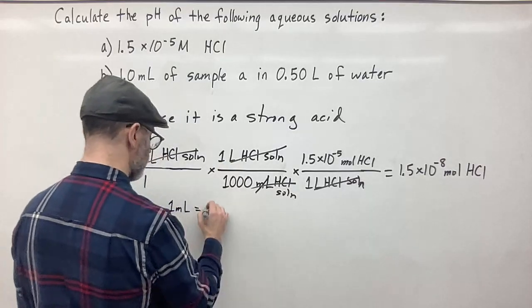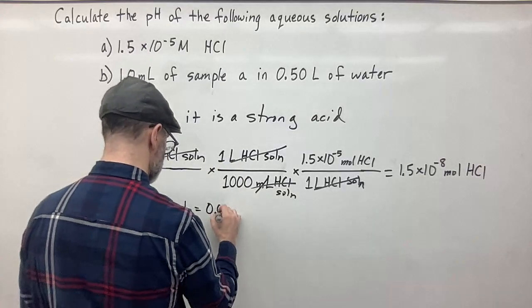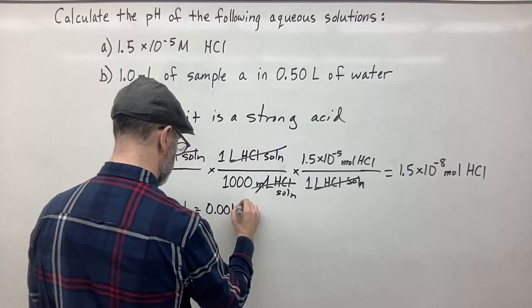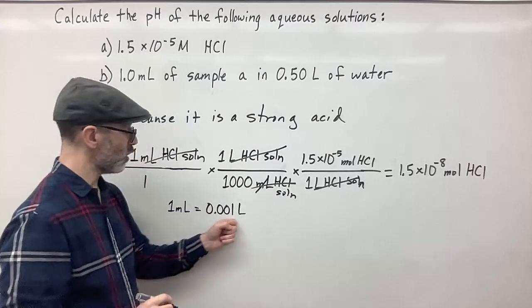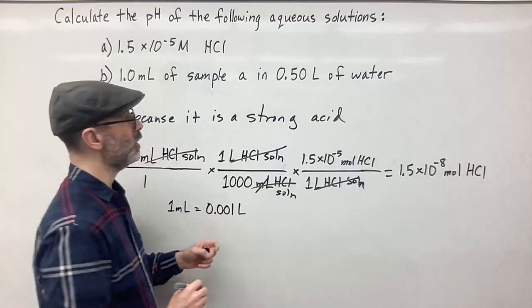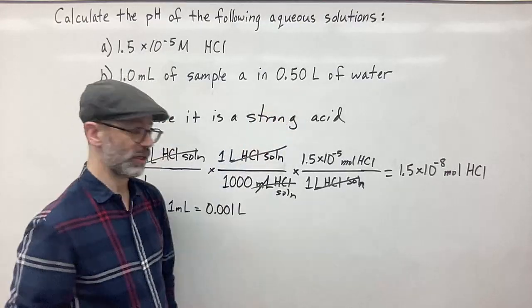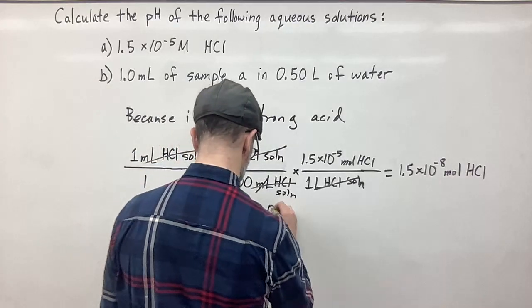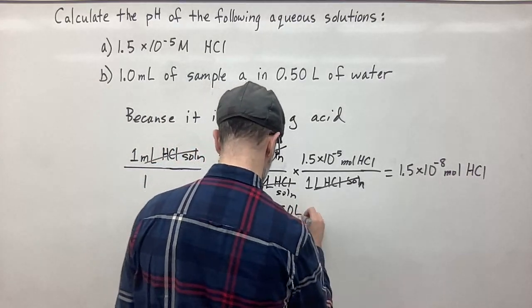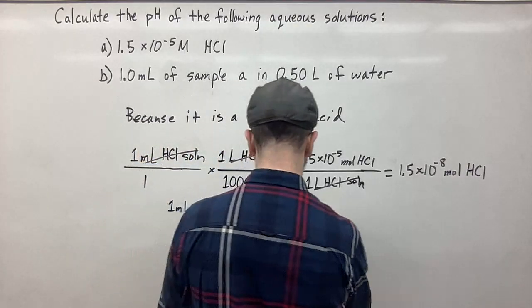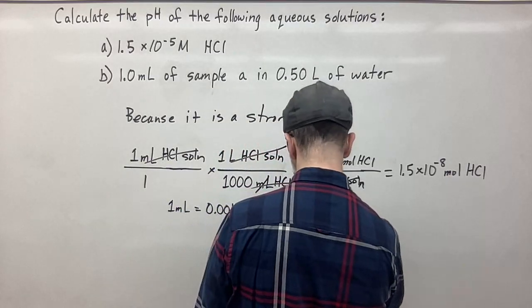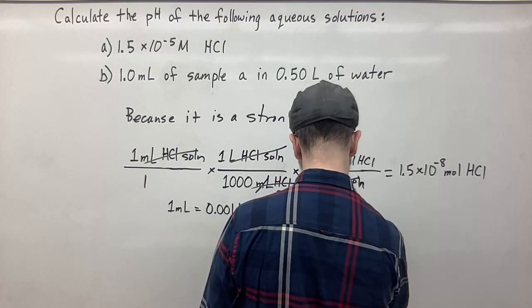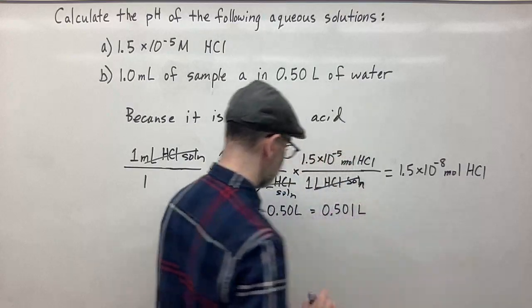So that's equal to 0.001 liters, and we're adding this to 0.50 liters. So we add that to 0.50 liters, and that's going to be equal to 0.501 liters.